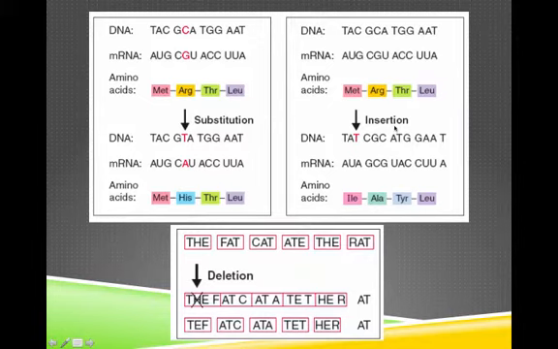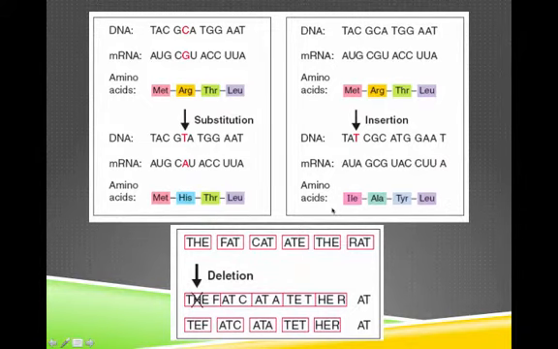If I look at insertion, I have TAC, GCA, TGG, AAT. If I add a T after my first A, the whole sequence is moved over by one base pair. The result is a whole new protein.